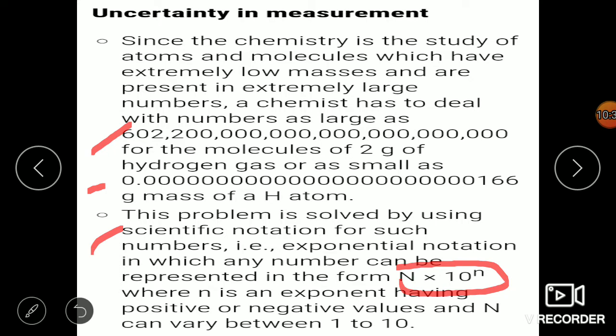So this is the way to represent numbers in chemistry. If you are representing a number in this format, then the number is said to be in scientific notation. In a scientific calculator also, if you just put 3 and press the equal button, then you will see the value displayed as 3.0 into 10 to the power 0. So that way the formatting is done, okay, to deal with numerals easily.